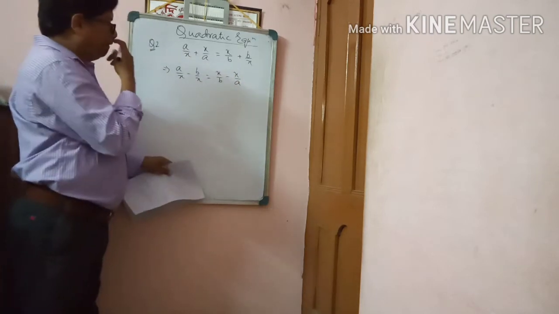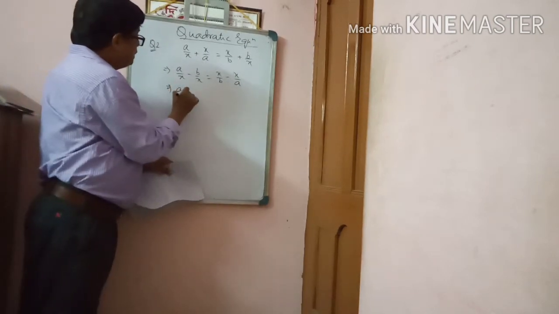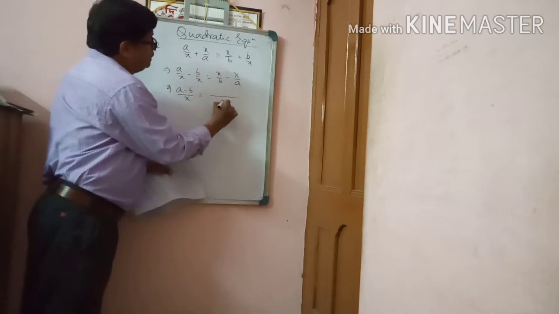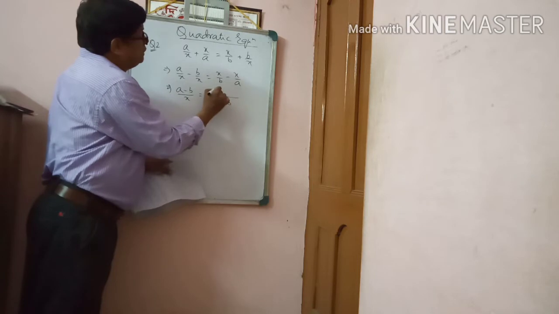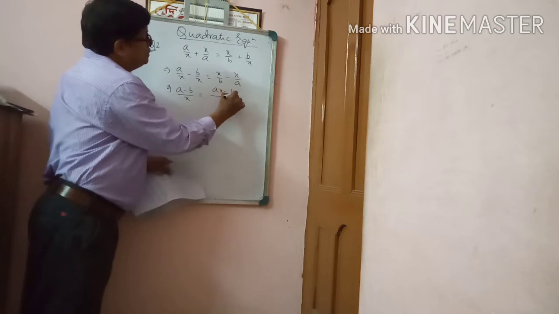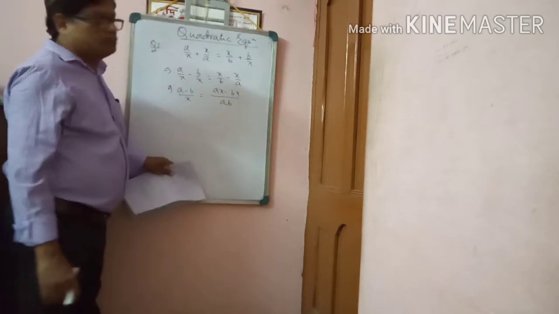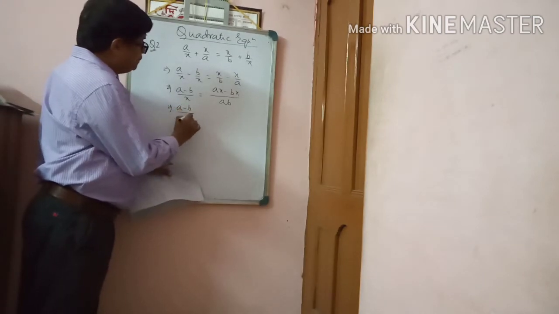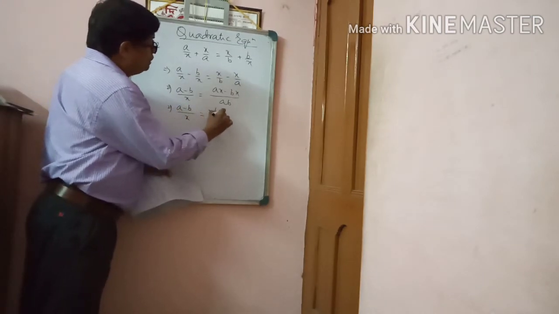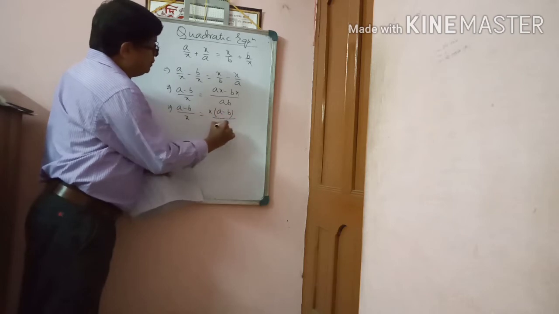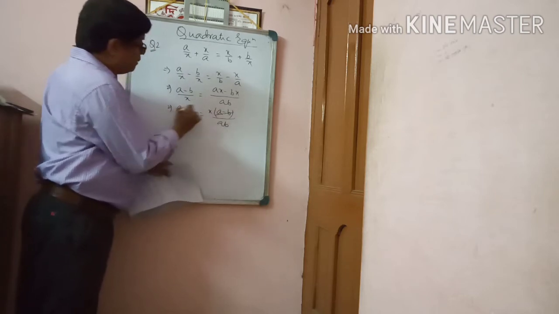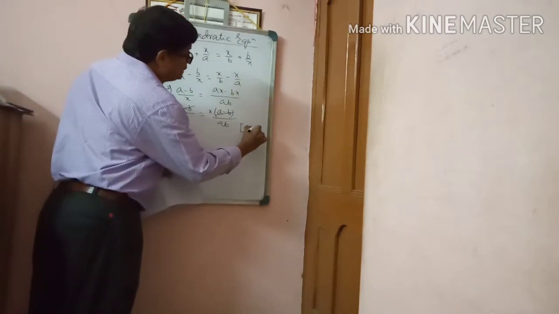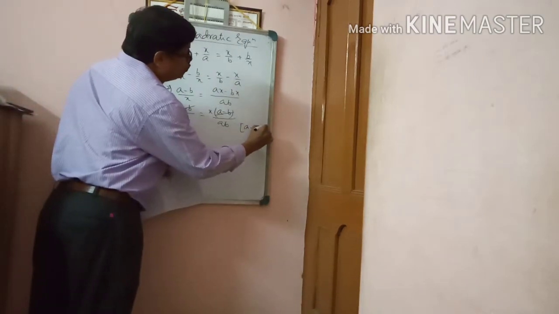Now a minus b by x equal to x common, a minus b by ab. Now both a minus b cancel, so you have to write here a minus b not equal to 0.